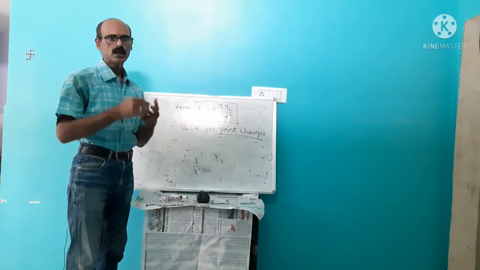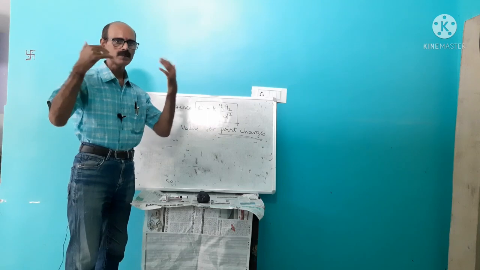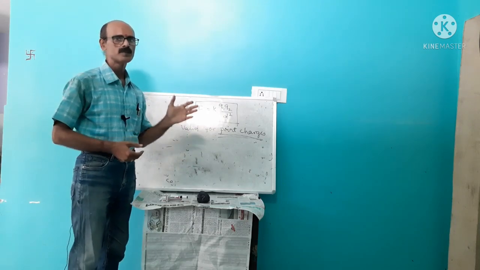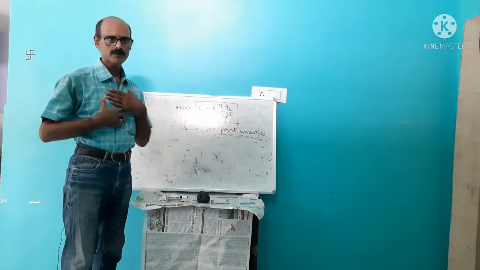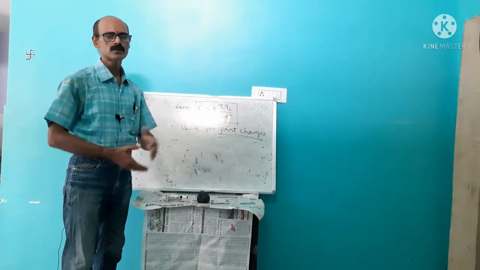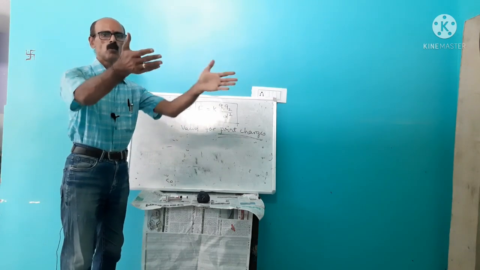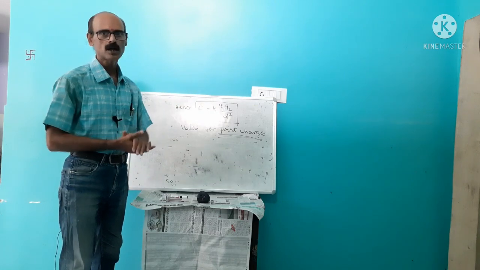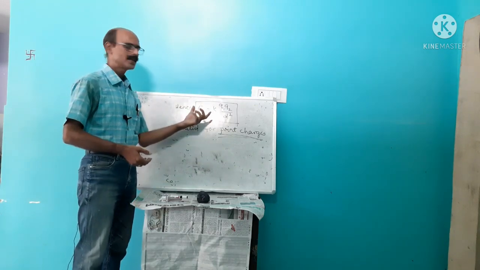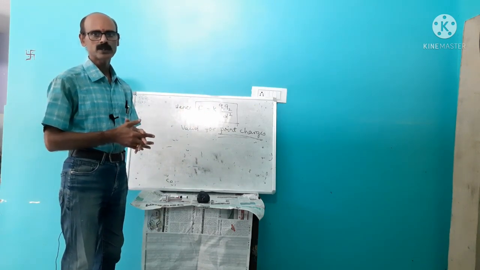Or if they are at very large distances from the observer, suppose I am observing and they are at a distance of 1000 kilometers or 2000 kilometers from me, then they can be considered point charges.